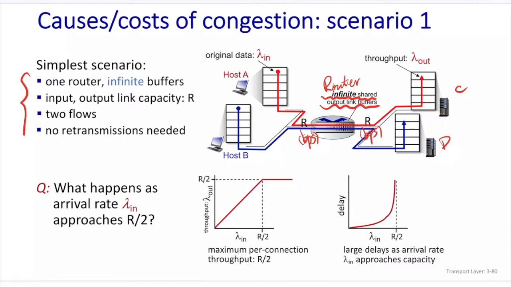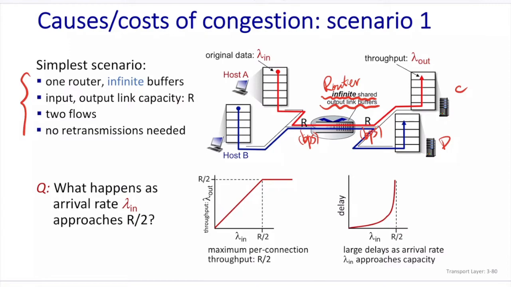So we have one router, with a not very realistic assumption of infinite buffer, and the input and output link capacity is in Mbps, and we have 2 flows, the red one and the blue one. And there will be no retransmission needed because the router has infinite buffer size, so no packet will be dropped.